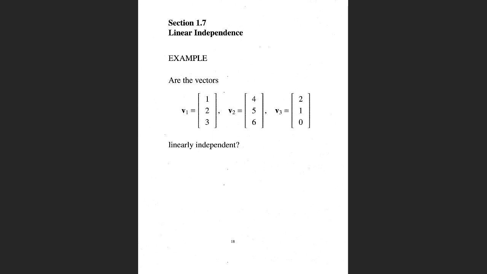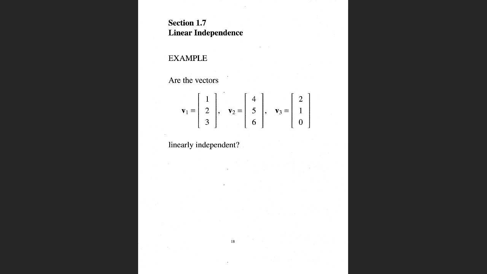Okay, so let's take a look here. For this problem, it's less obvious if the set of vectors v1, v2, and v3 are linearly independent or linearly dependent.